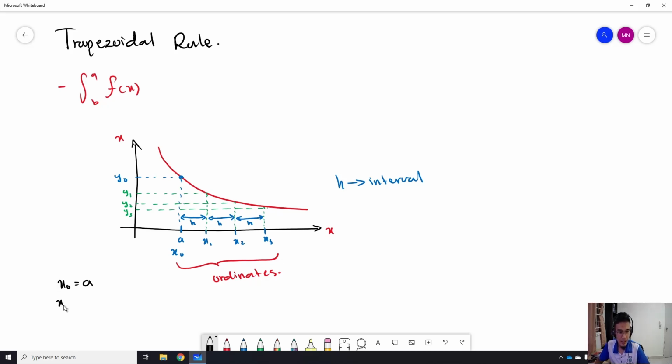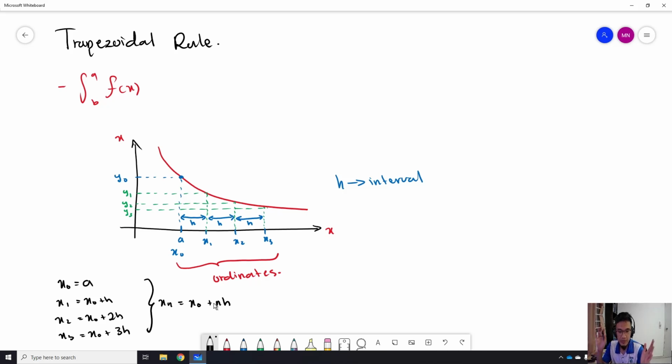Then x1 is equal to x0 plus h, x2 is equal to x0 plus 2h, and x3 is equal to x0 plus 3h. So the formula to determine the ordinates is xn equals x0 plus nh. That is about ordinates and intervals.